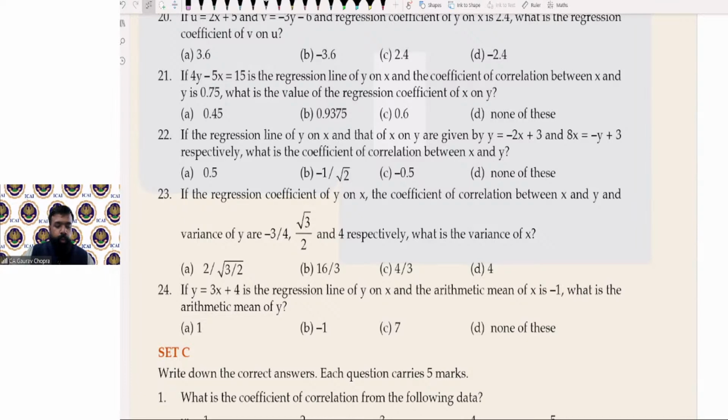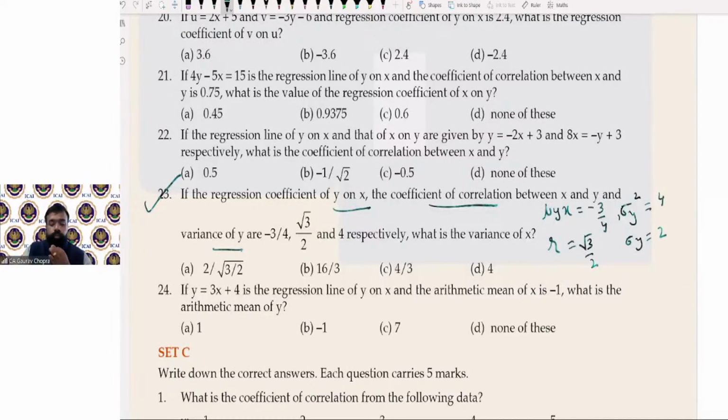Okay. Let's do this 23. If the regression coefficient of y on x, the coefficient of correlation between x and y, and the variance of y, these three values are given, find the variance of x. तो आपको given है b by x minus 3/4, then correlation √3/2, and variance of y, sigma y square, it is 4. तो sigma y कितना हो गया 2, right?